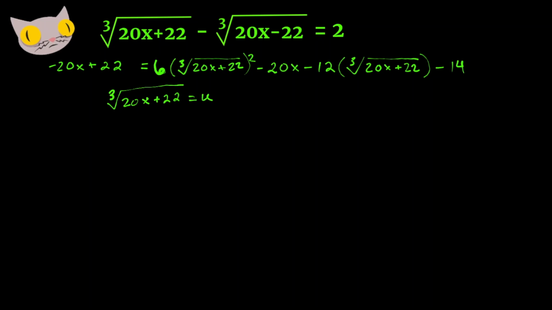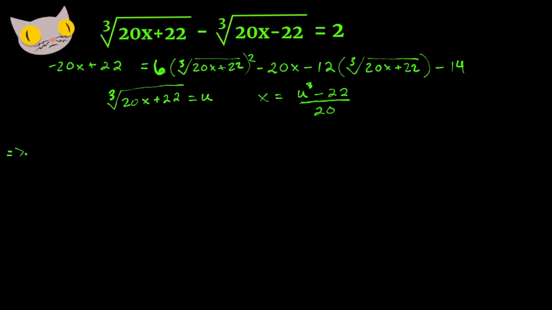And then let's break this down and solve for x, where x would be u cubed minus 22 divided by 20. And you see this is what we get if we isolate x on this side. So we have our u value, we have an x value. That should make things a little bit simpler.